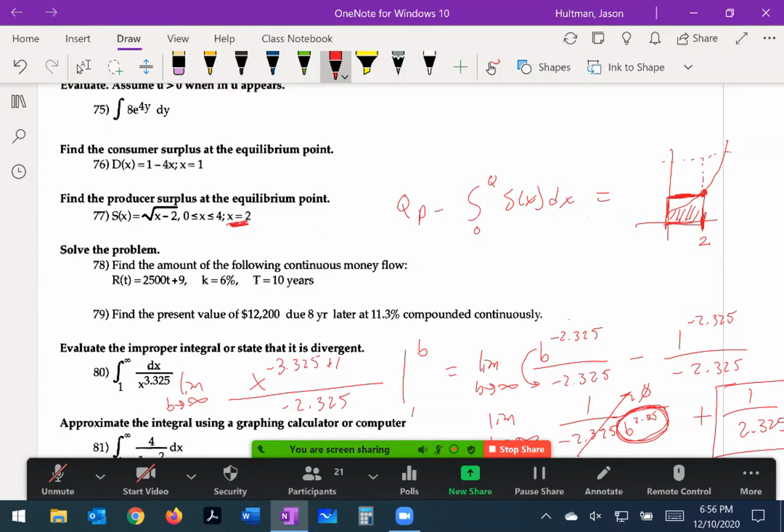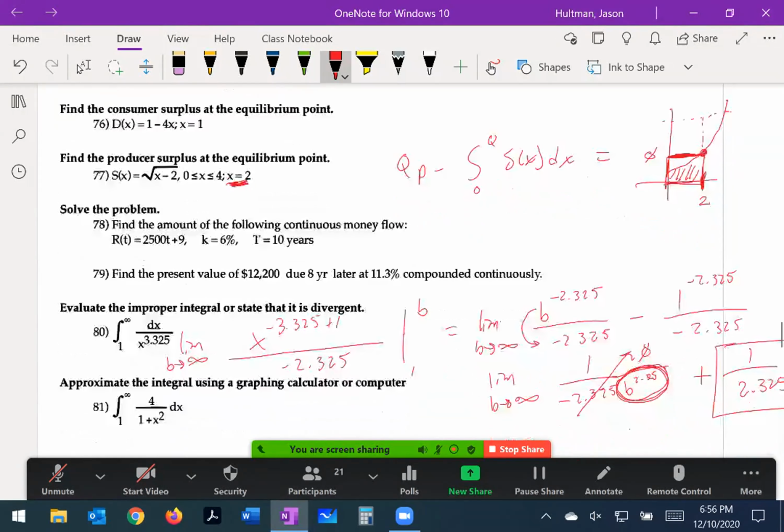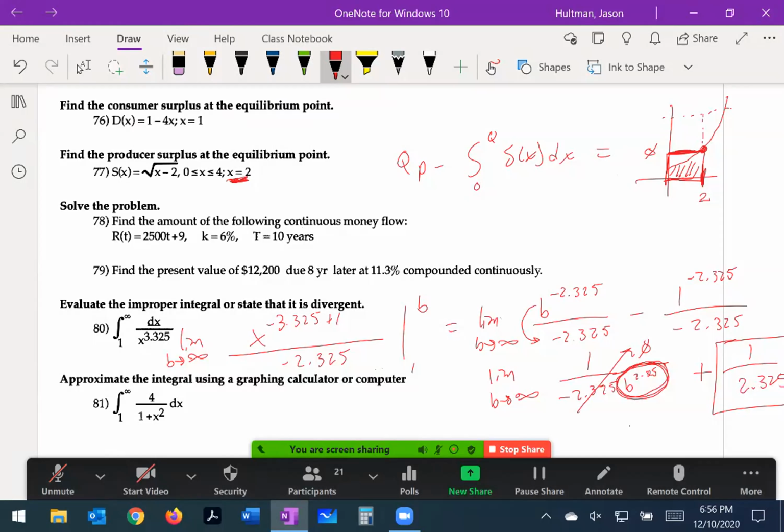What's my supply curve looking like? Well, if I plug in 2 here, I get 0. That's interesting.